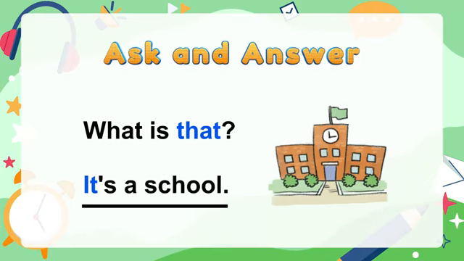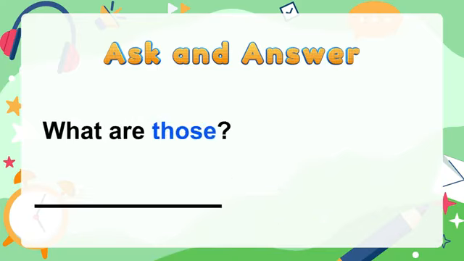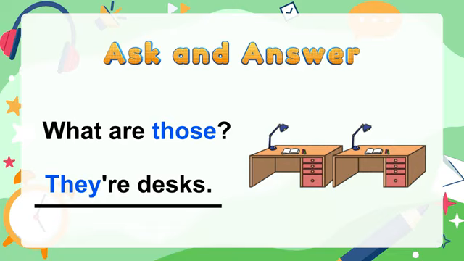That is talking about one thing, so we use it's. What are those? Here we are using desks. The answer is, they're desks. Those means more than one, so we use they are.